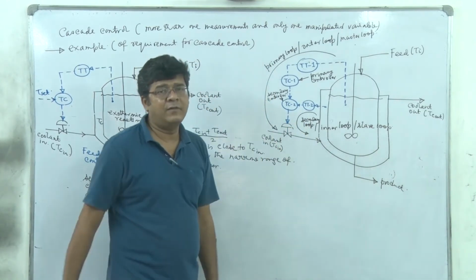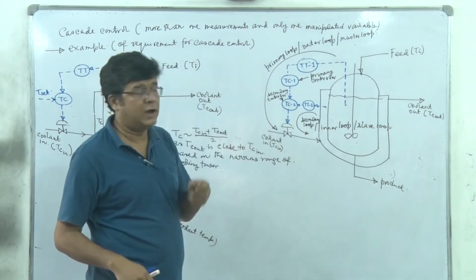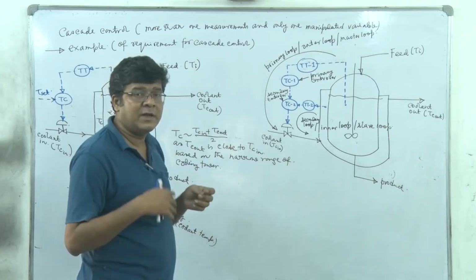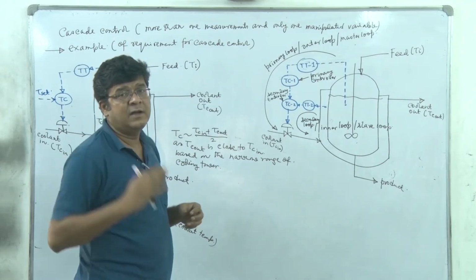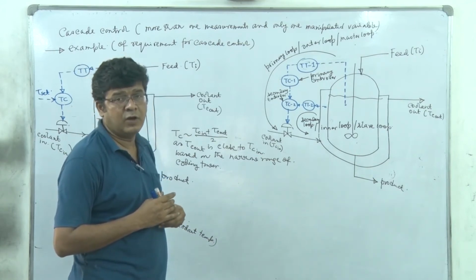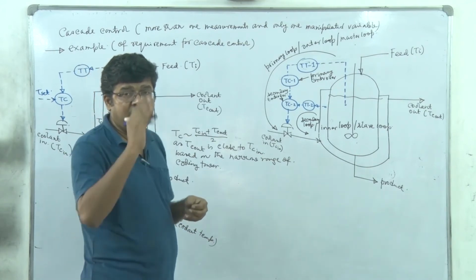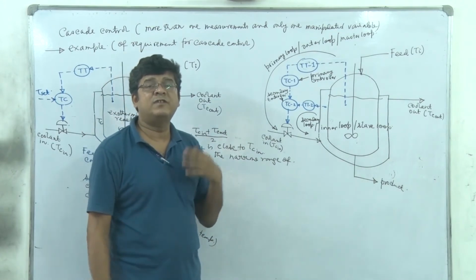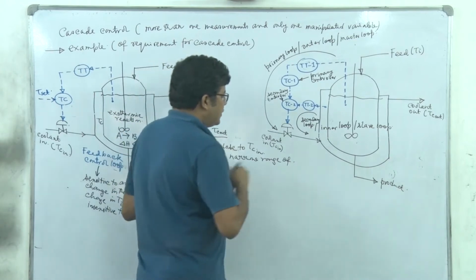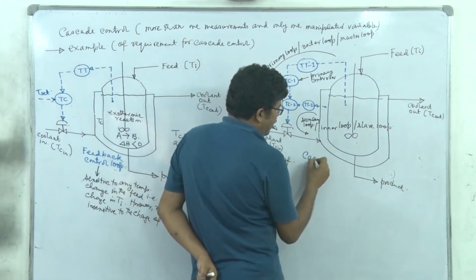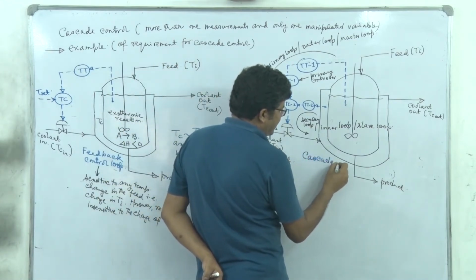In order to have a fast response of the controller, we will not go by the typical feedback, we will go for two measurements. One is the final measurement of the final control objective or state variable, and the other is the intermediate measurement, which is the output of the secondary process. This is the idea of what is referred to as a cascade control loop.